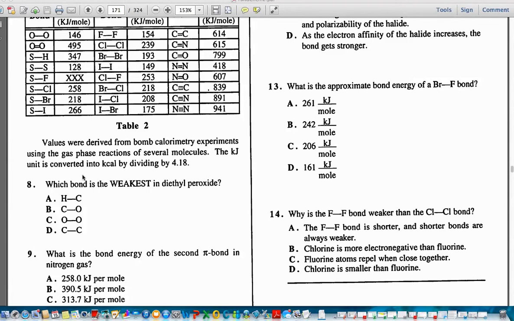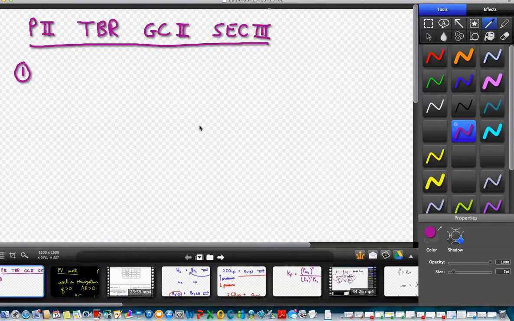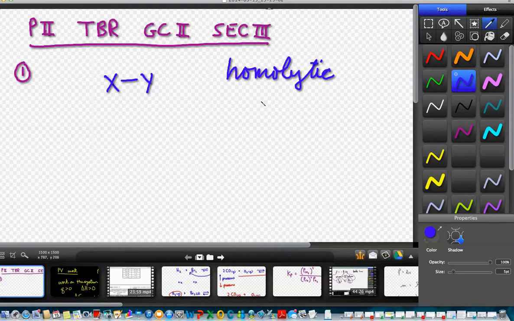So, of course, the weakest bond will have the least amount of energy required to homolytically break it. So let's talk about that for a second. If I have a bond XY, homolytic bond dissociation is how bond energies are typically measured.